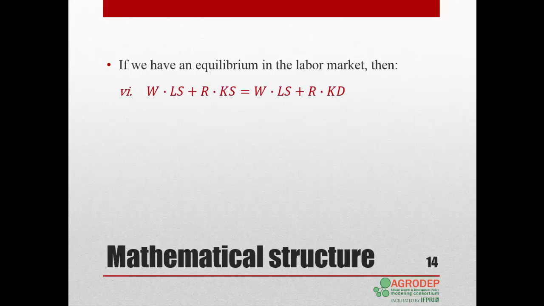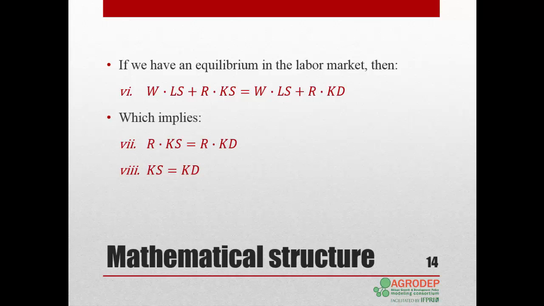If the labor market is in equilibrium, meaning Ls equals Ld, then we can replace Ld by Ls in the value of factor demand. And we obtain equation VII, where the value of capital supply equals the value of capital demand. And the third equilibrium condition, capital supply equals capital demand, is verified.